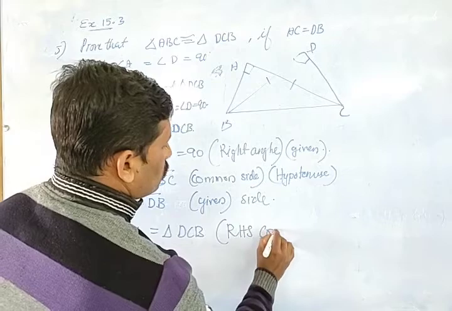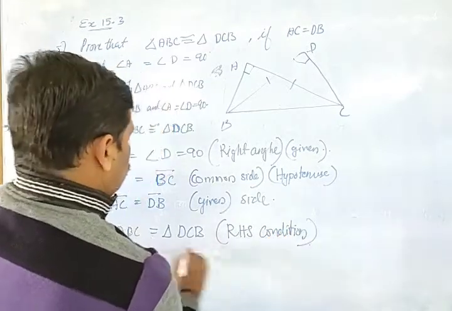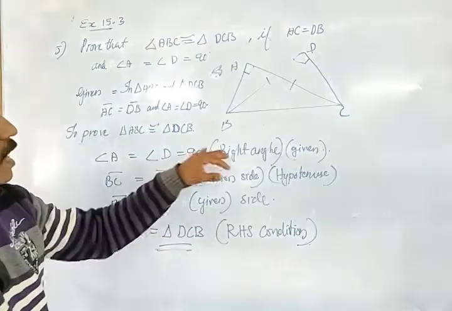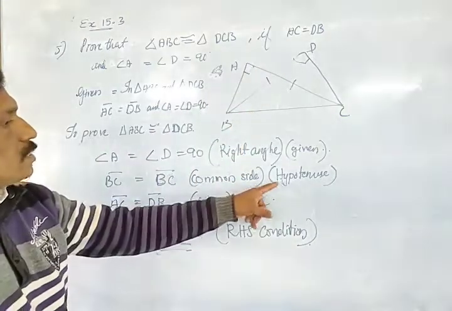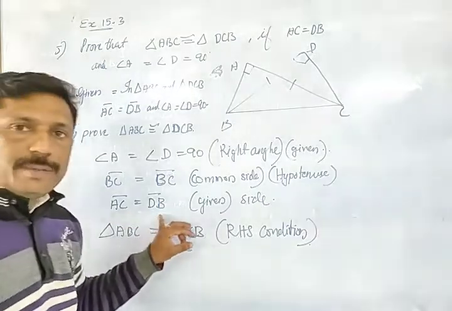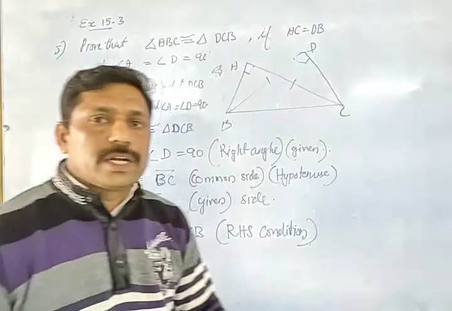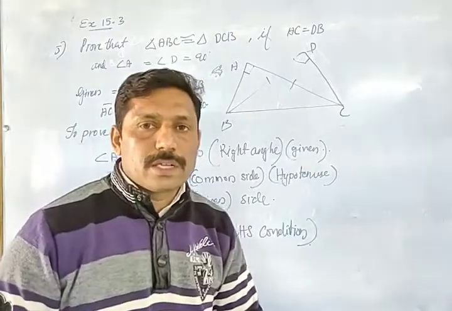RHS condition. So here the right angles of both are equal, the hypotenuse, common side, is also equal, and this AC is equal to DB, that is also given. So by RHS condition we proved that these two triangles are congruent.